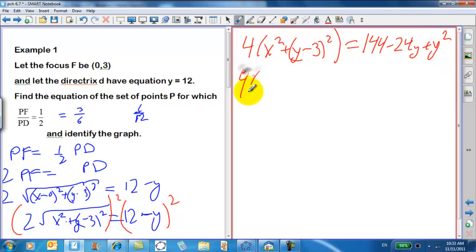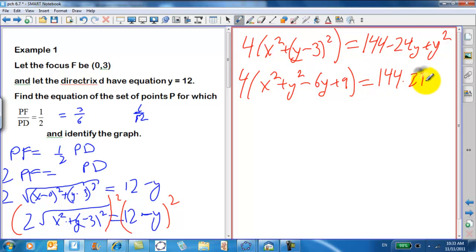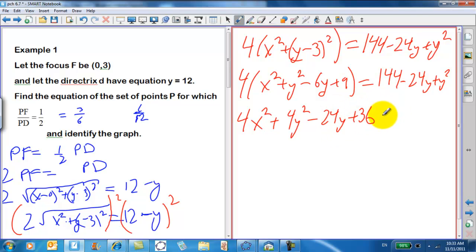So that's 4 times x squared plus y squared minus 6y plus 9 equals 144 minus 24y plus y squared. And so we get 4x squared plus 4y squared minus 24y plus 36 equals 144 minus 24y plus y squared.